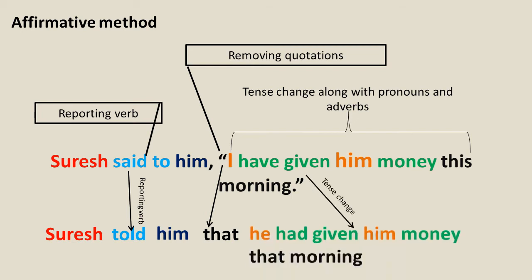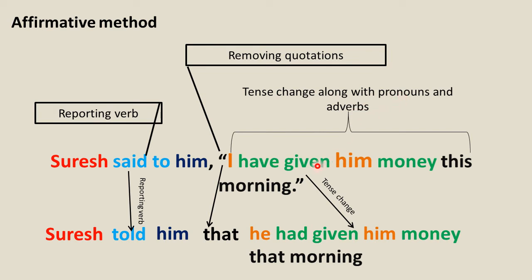What is that? He had given him money that morning. Here, "I have given him money this morning" becomes "he had given him money that morning." While changing this, we followed 3 things: tense change, pronoun changes, and adverbs.